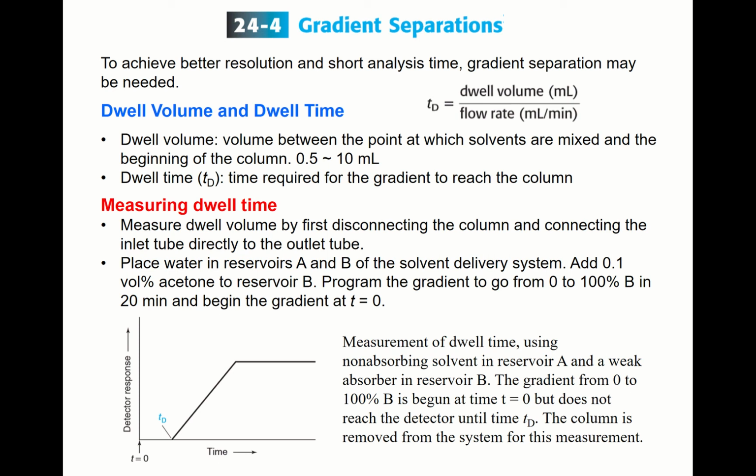In gas chromatography, you start from low temperature and increase the temperature slowly, maybe 10 or 20 degrees C per minute, until maybe 200, maybe 150 degrees C. In that way, the separation becomes very fast, and also the resolution is better.